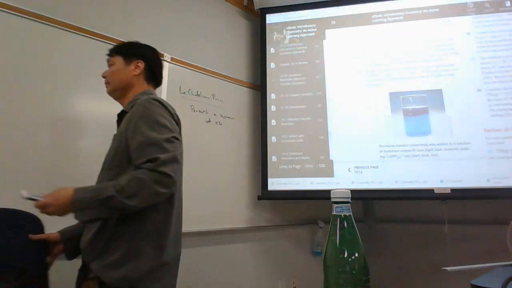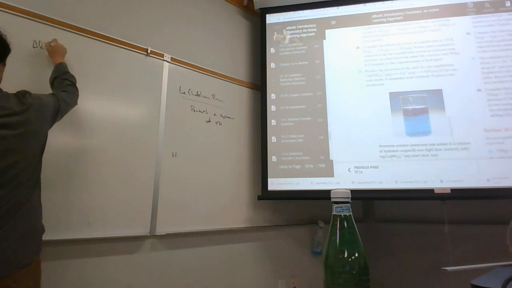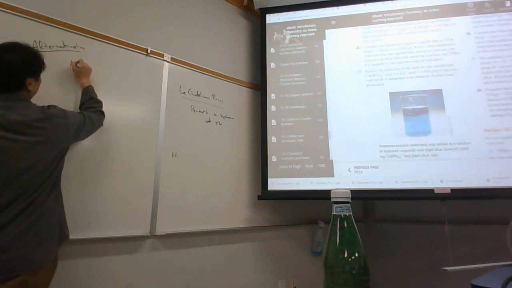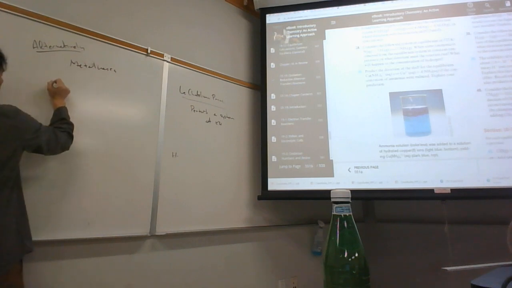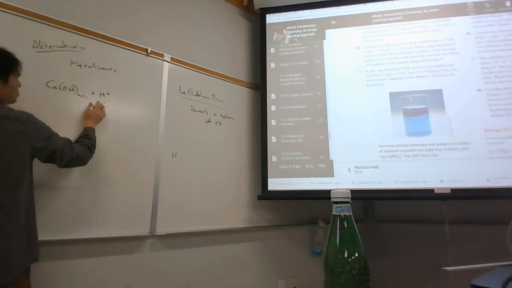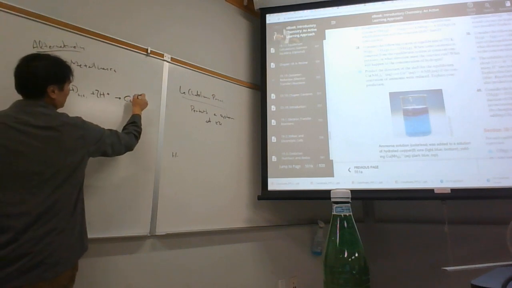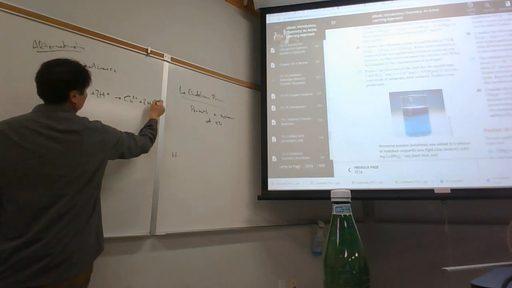Alternatively, this is a metathesis reaction or acid-base reaction. And that is, we have calcium hydroxide solid being attacked by acid, H plus. And that's going to form calcium ions plus 2 ions.